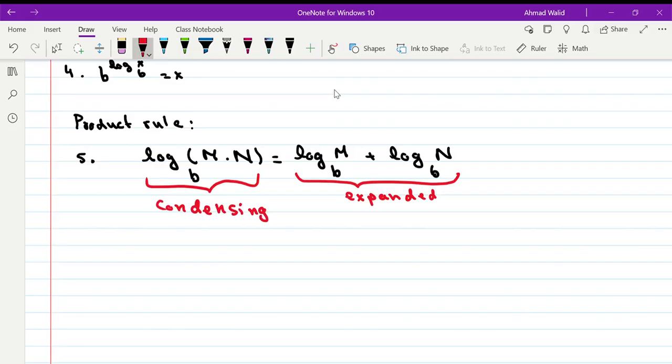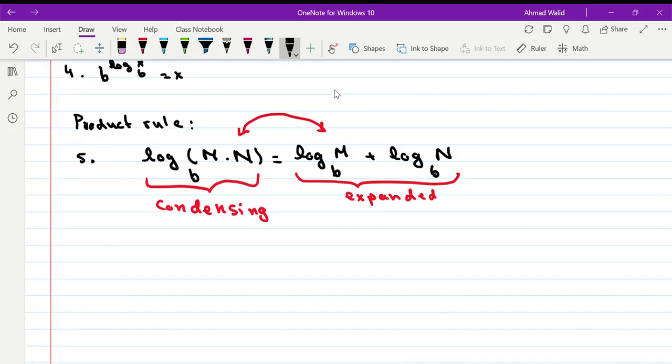Expanding form, condensing form. And remember, if they give you one single logarithm and ask you to write an expanded form, you go this way. If they give you an expanded form and ask you to write it as one single logarithm, you go backward this way. That's why I put an arrow with two sides on the top.